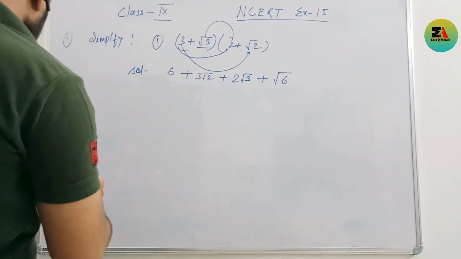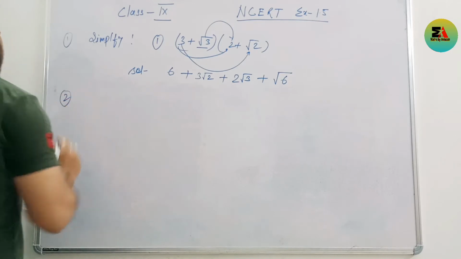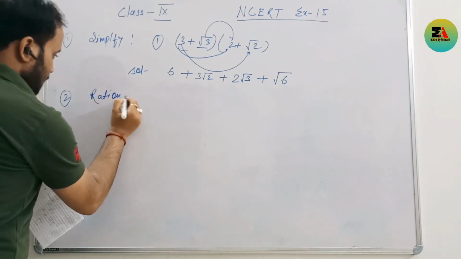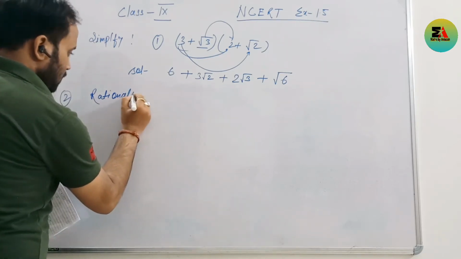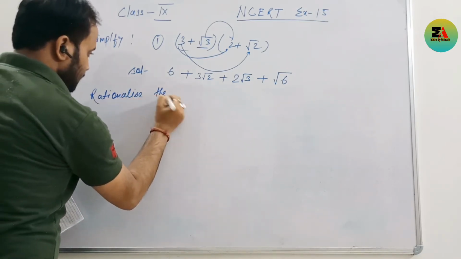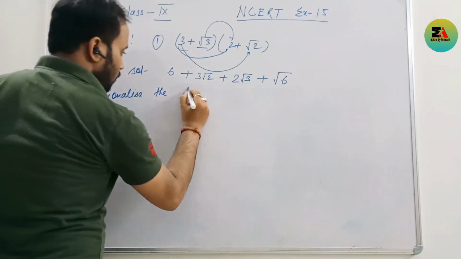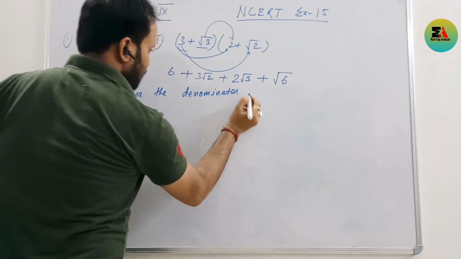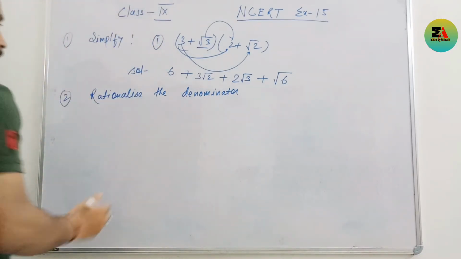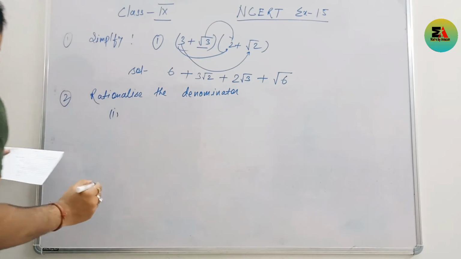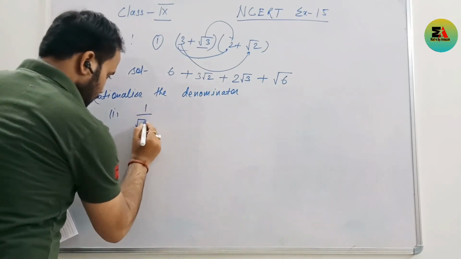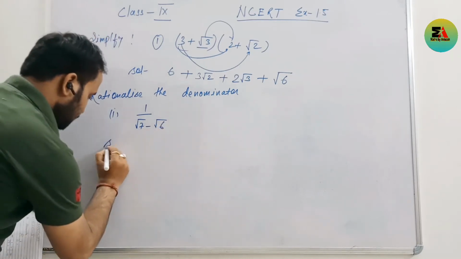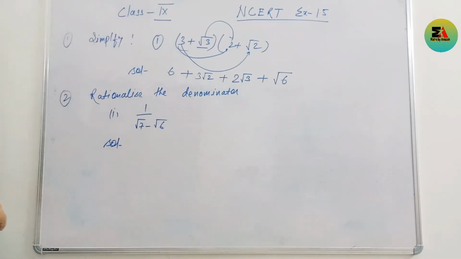Now take another example. Rationalize the denominator in this question. First is 1 by root 7 minus root 6. See how we rationalize the denominator.